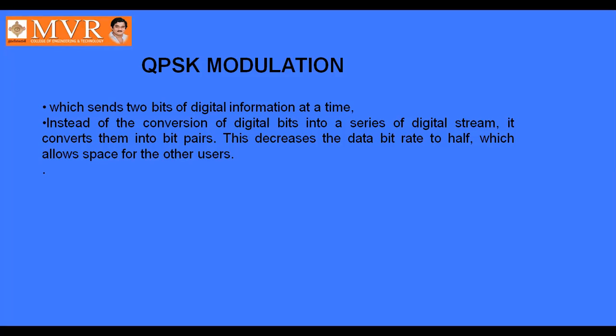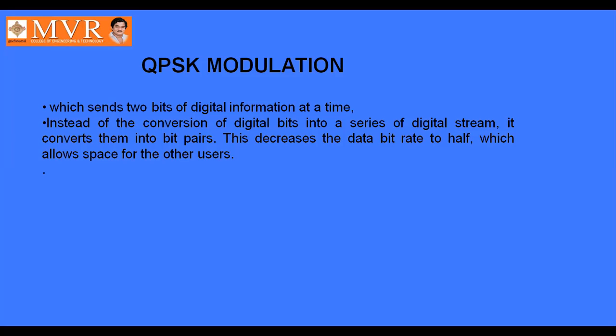Now today we are discussing QPSK modulation. QPSK means quadrature phase shift keying. Quadrature means 4, so this is also called 4PSK modulation.